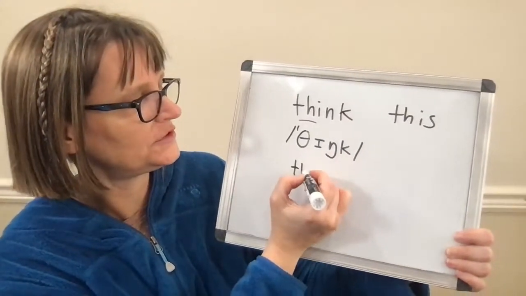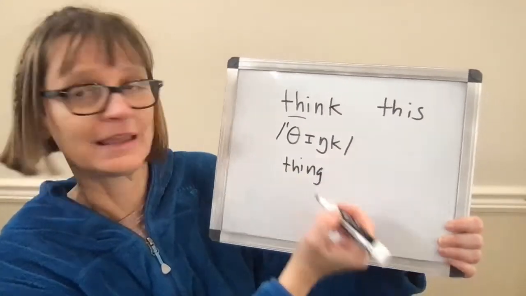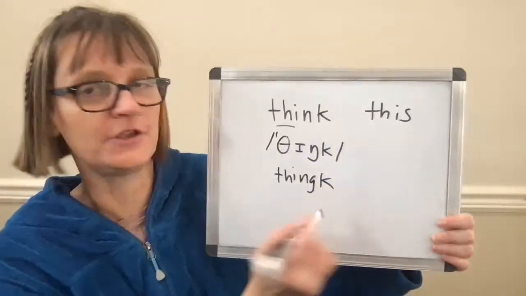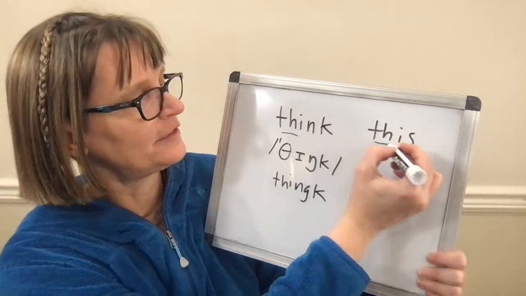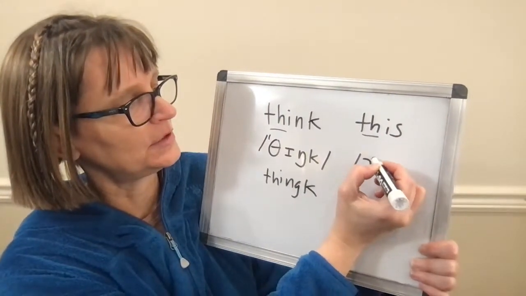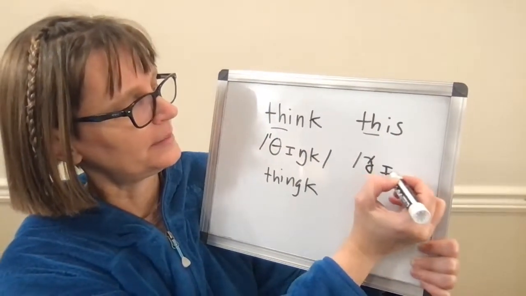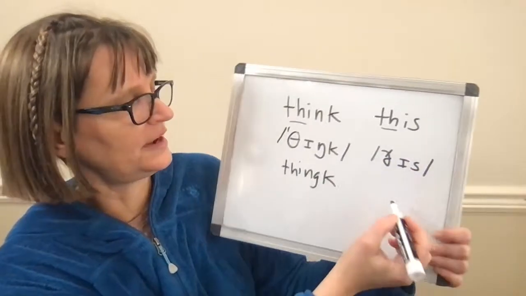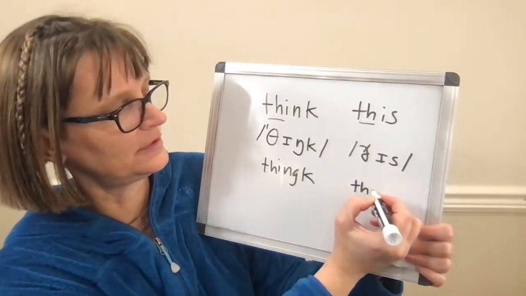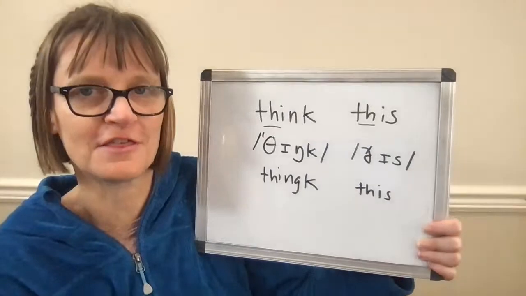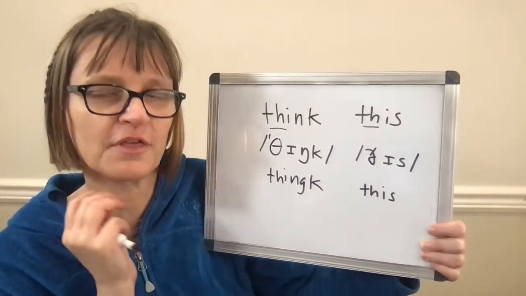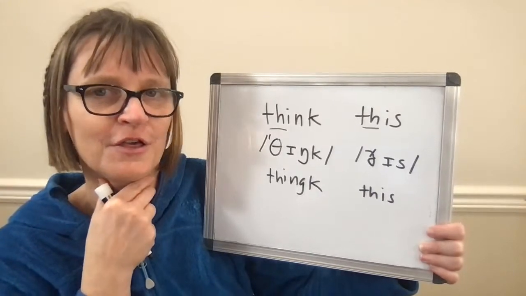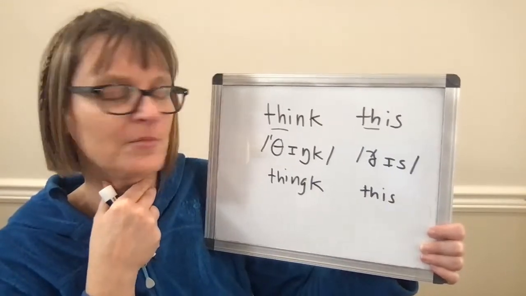So if you start with the word thing and then just add your K, you end up with think. In this, we have the voiced TH sound. The symbol is this symbol. And the same vowel with an S sound. So there's no real better way to rewrite this, just thinking about that voicing being on. So think, you should feel no vibration here. This, you should feel vibration here.